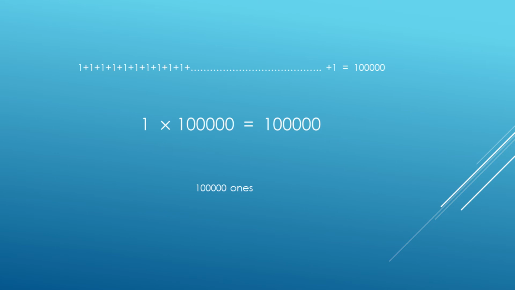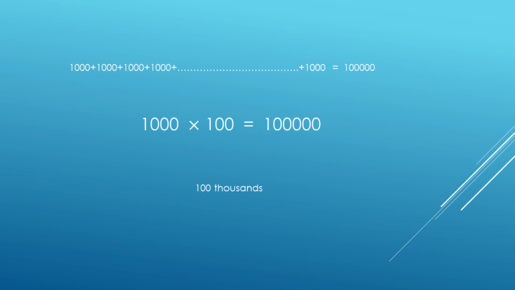Many forms of 1 lakh. If we add 1 a lakh times, we get 1 lakh. That means there are 1 lakh ones in 1 lakh. If we add 10 ten thousand times, we get 1 lakh. That means there are 10,000 tens in 1 lakh. If we add 100 a thousand times, we get 1 lakh. That means there are 1,000 hundreds in 1 lakh. If we add 1,000 a hundred times, we get 1 lakh.